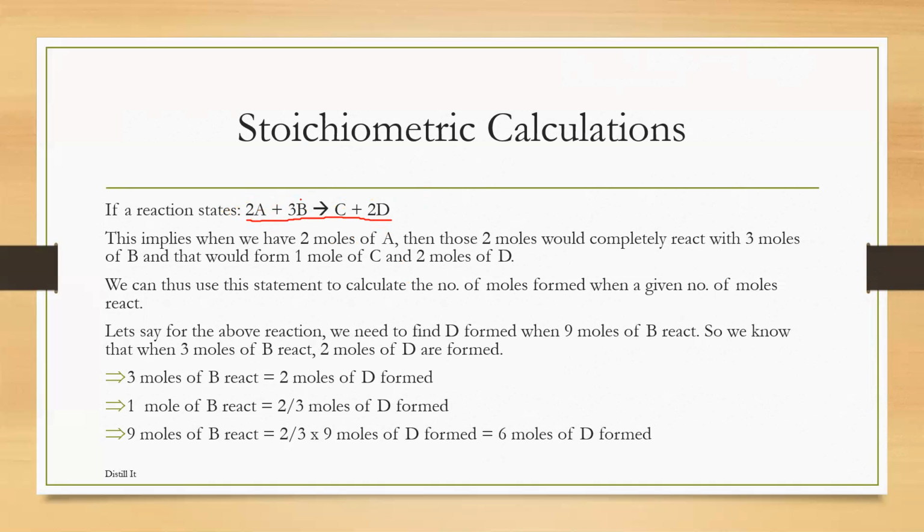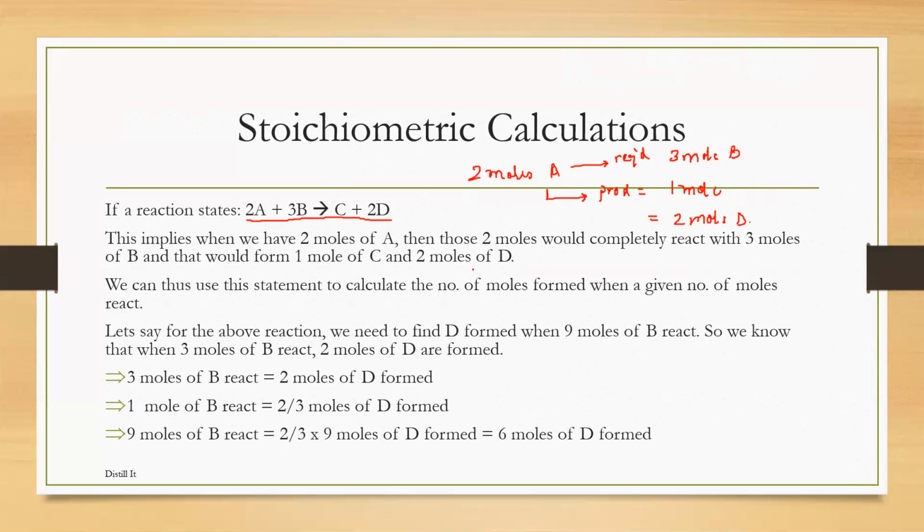It has reactants A and B, and products C and D. So this particular reaction means that when we have 2 moles of A, that requires 3 moles of B, and that would produce 1 mole of C and 2 moles of D. All right, this is going to be the production.